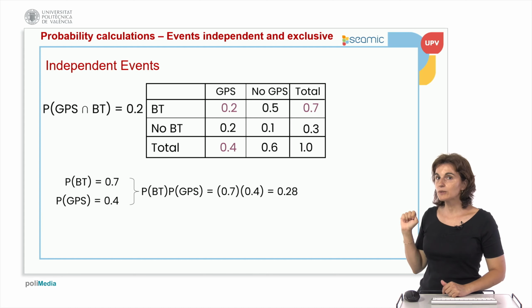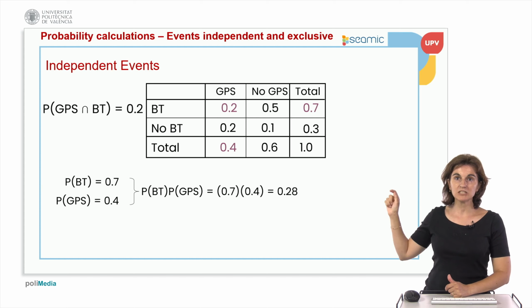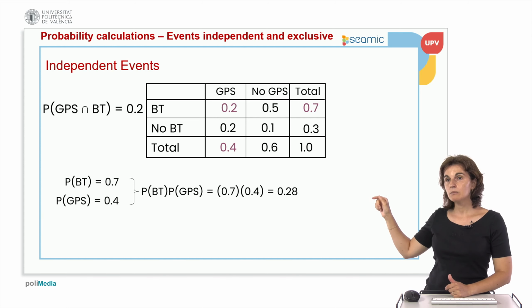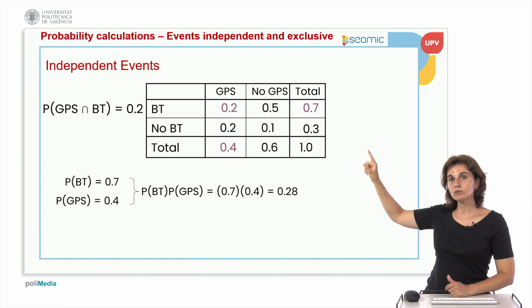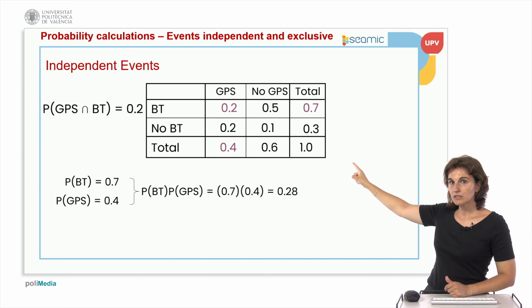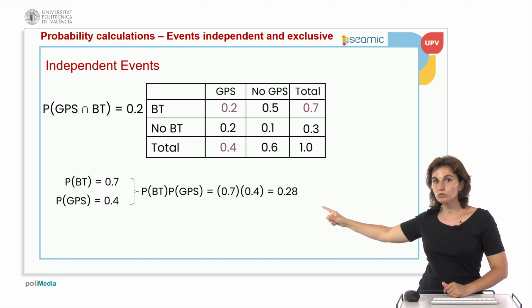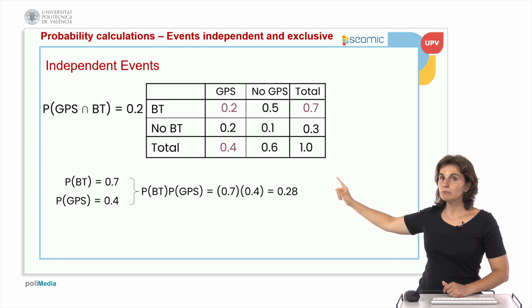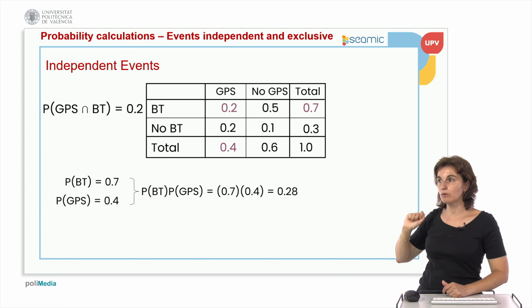We can obtain marginal or simple probabilities from the margins of this table: the probability of GPS was 0.4 and the probability of Bluetooth was 0.7. To conclude that both events are independent, we need to check whether the product of these two, 0.7 times 0.4, equals the joint probability that was given in the problem.